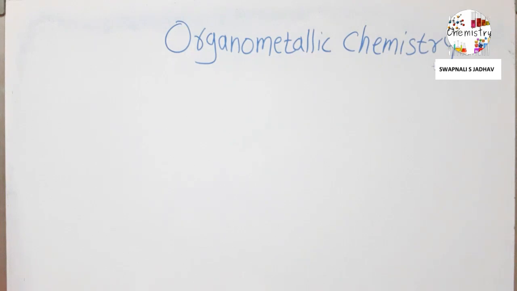Now, in the second part of organometallic chemistry, we see what is meant by metal carbonyls, their types, bonding in metal carbonyls, and some structures of metal carbonyls.